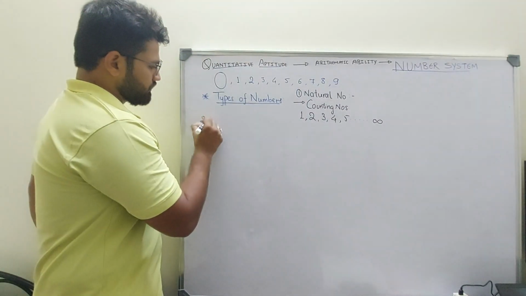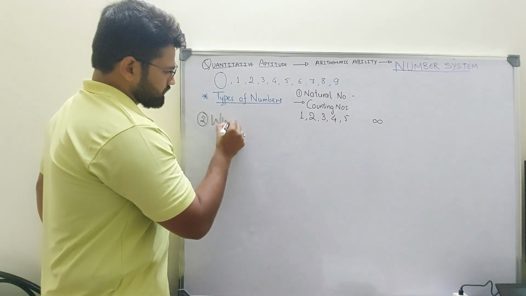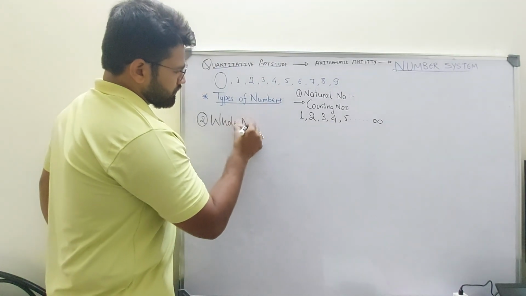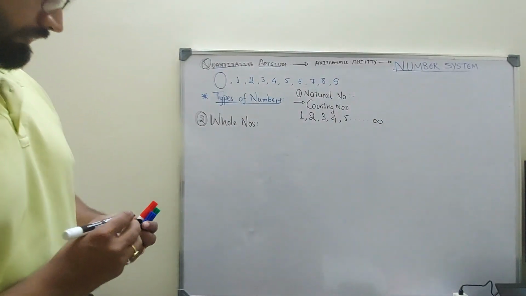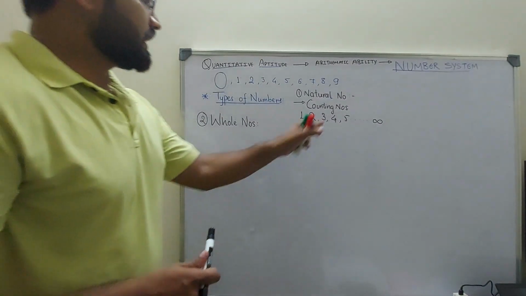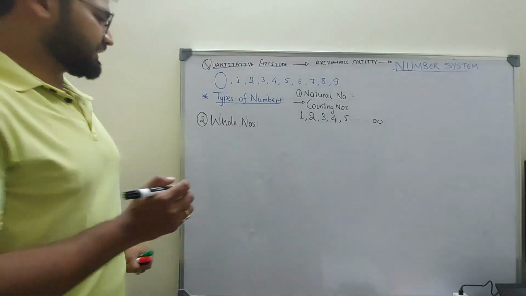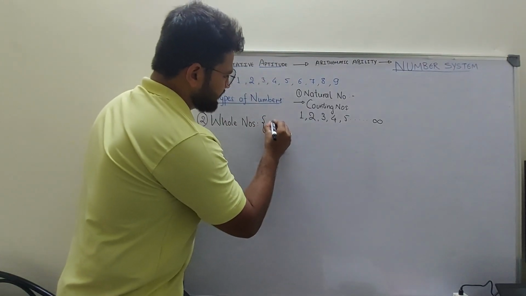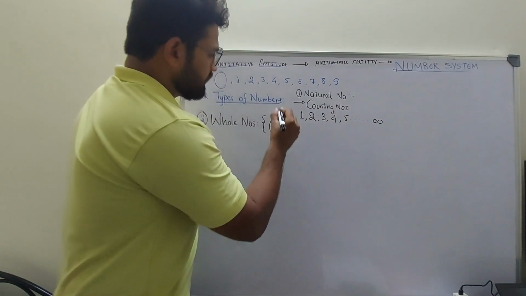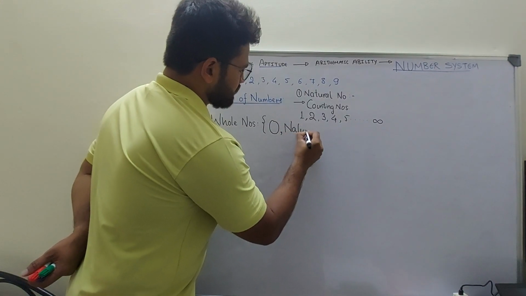Second, whole numbers. What are whole numbers? Whole numbers are natural numbers with 0 added to that set. We can say whole numbers are 0 with natural numbers.